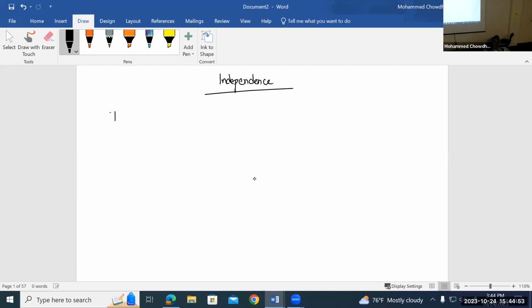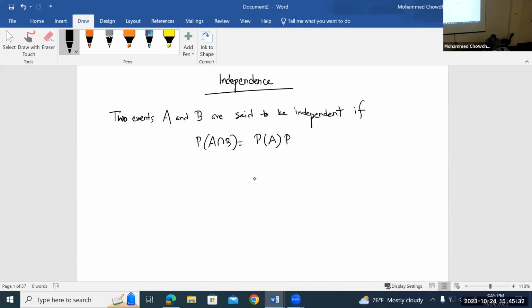Okay, let me write here: two events A and B are said to be independent if the joint probability of A and B equals the multiplication of the individual probabilities.